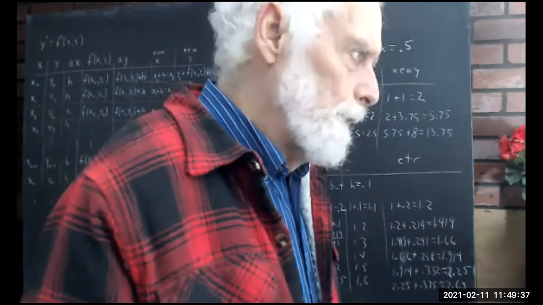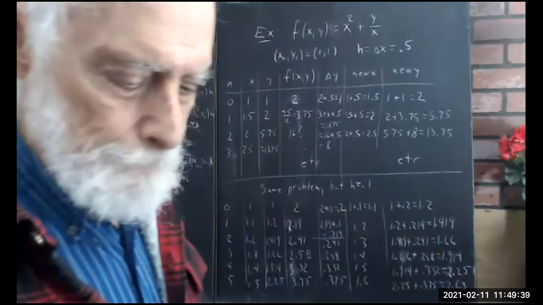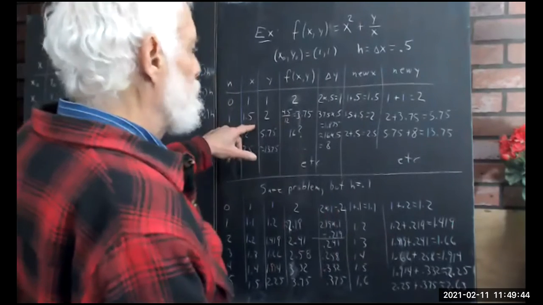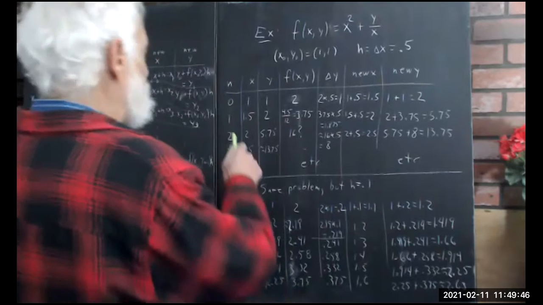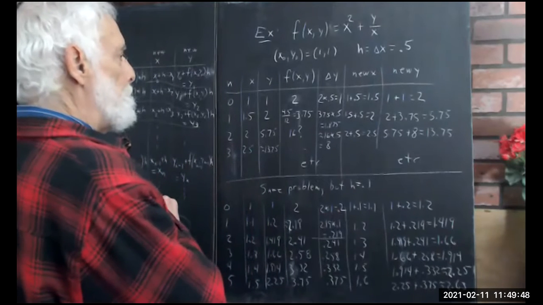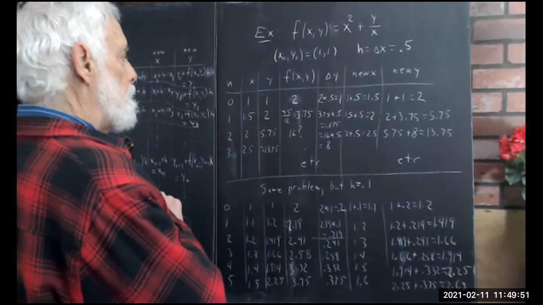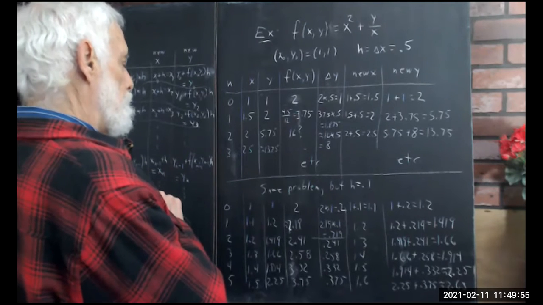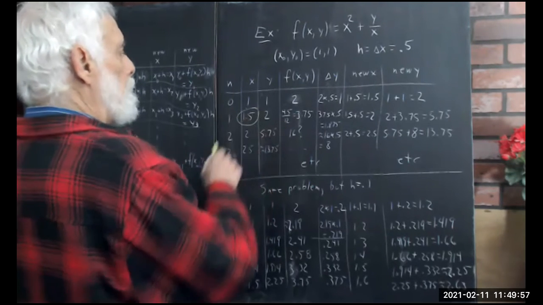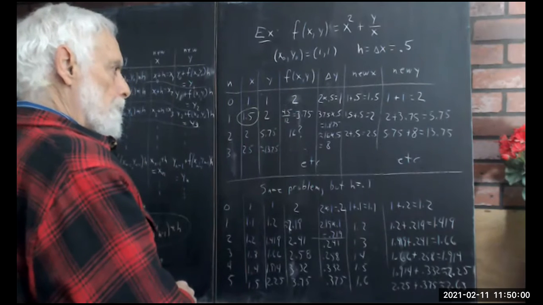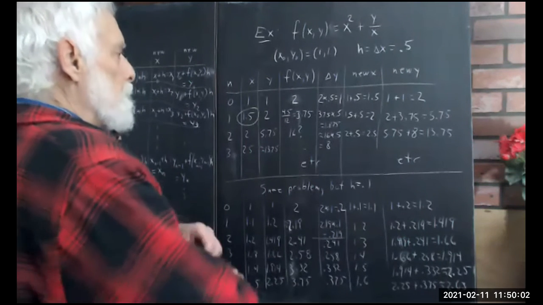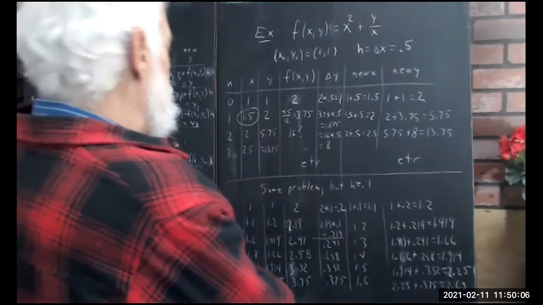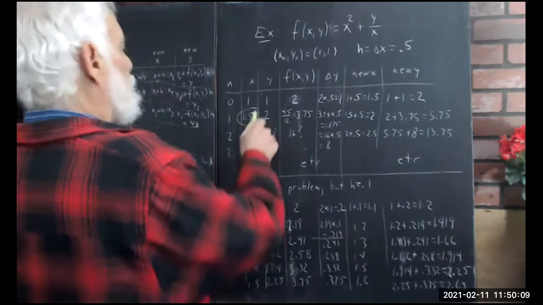Now, the point of that whole mess is that when x is 1.5, this predicts a y value of 2.